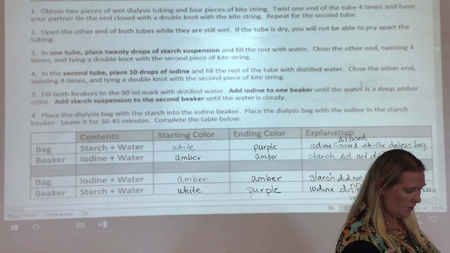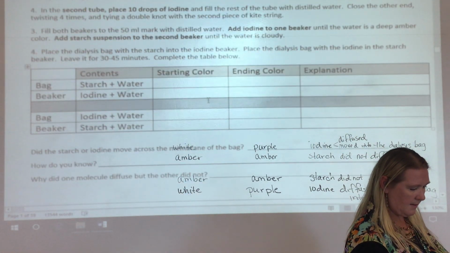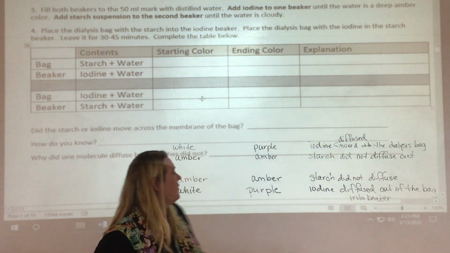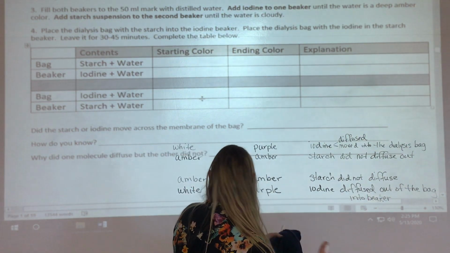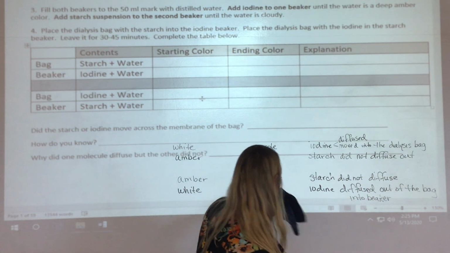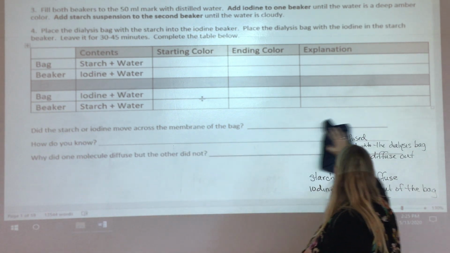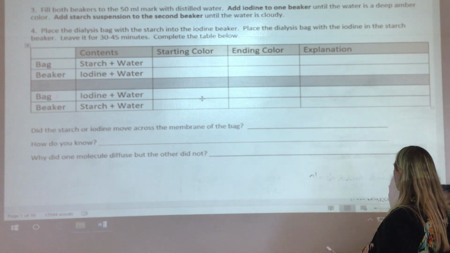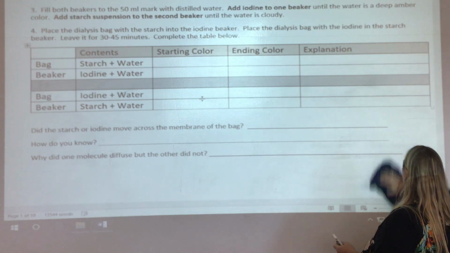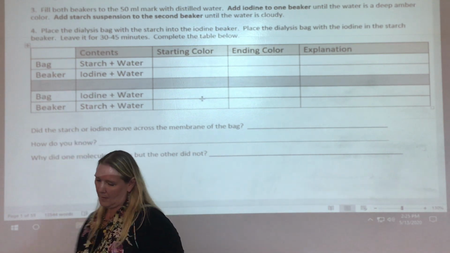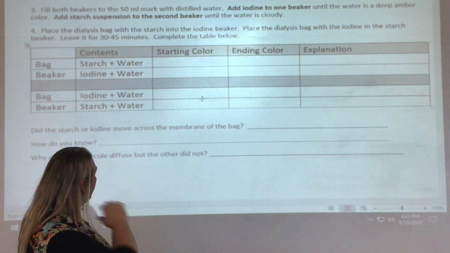All right. So we have a couple of questions to answer, and we kind of put it in our chart already. So we have it in our chart.